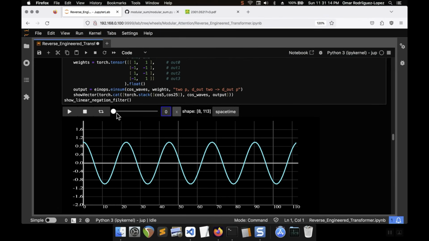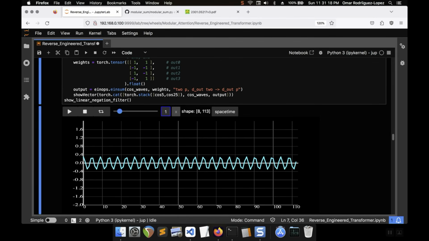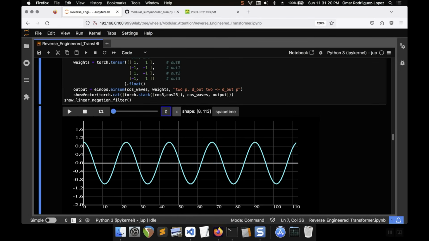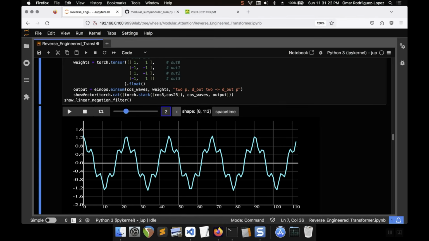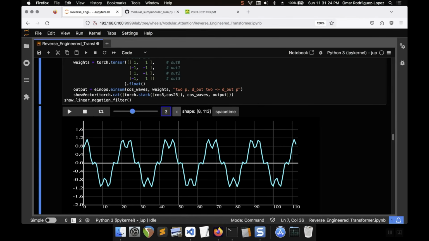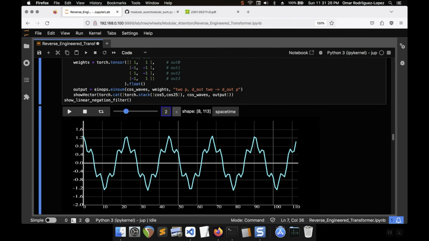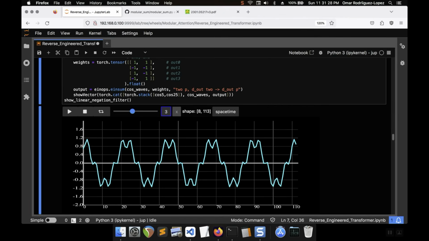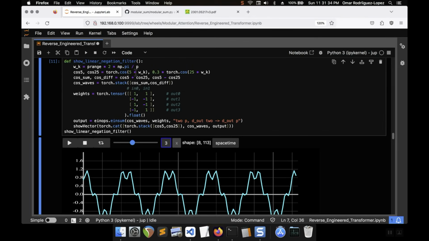But if you have these two waves, like this 5 frequency, 25, and then you sum them, and then you subtract 25 from 5. So you got these two waves. They are in your residual stream. Those are the only two dimensions you've got. If you have these two waves and these weights, these are the output, these are the input.